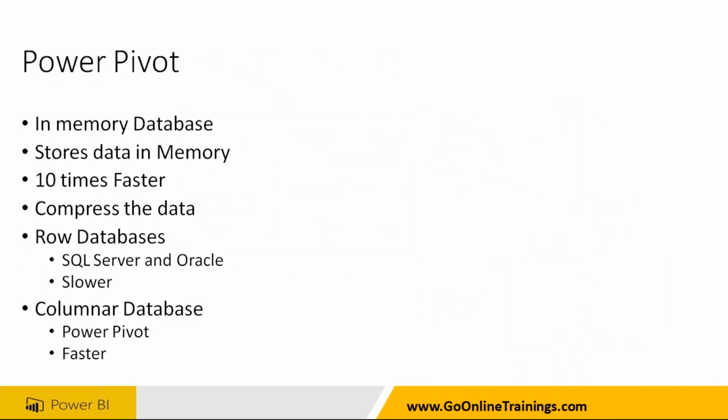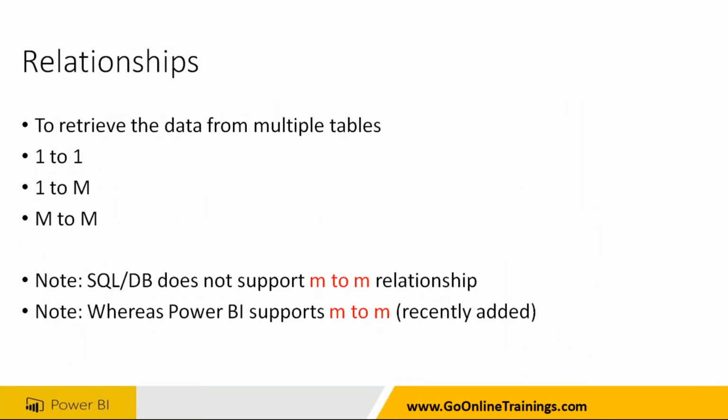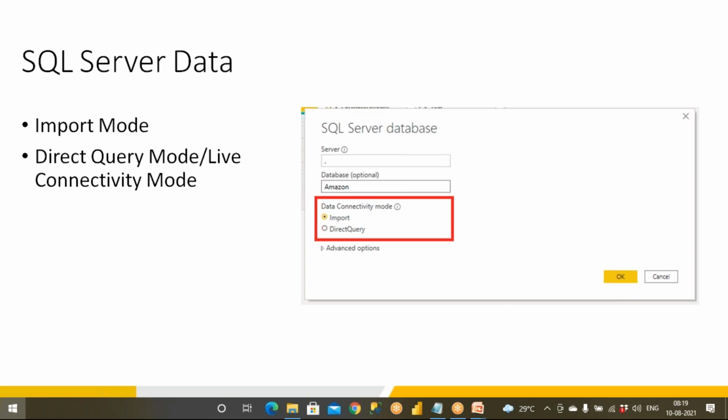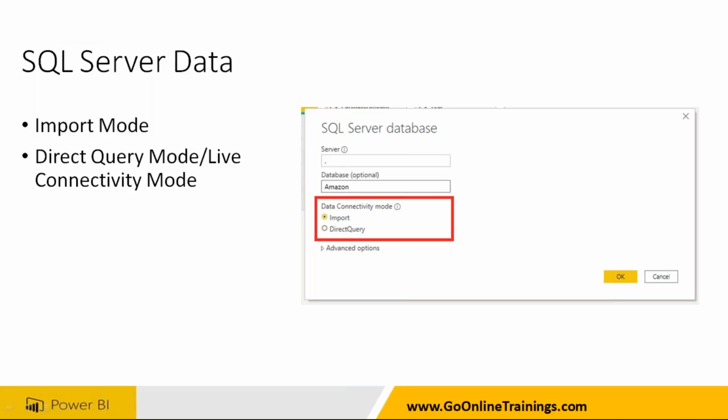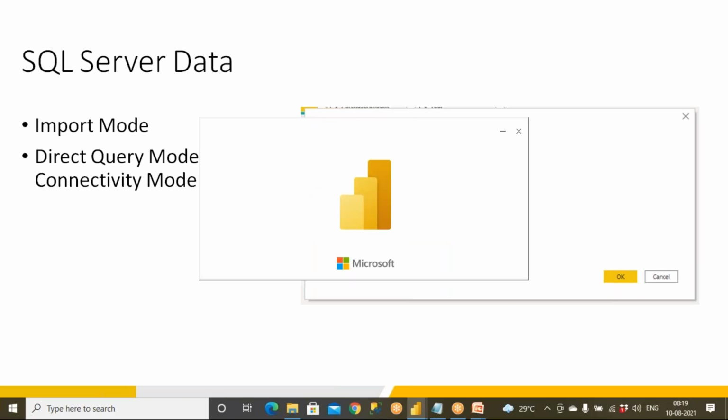So what normally we do is that let me quickly go to Power BI desktop. I wanted to get some data from SQL Server database. Let me open SQL Server as well, but let it open first.